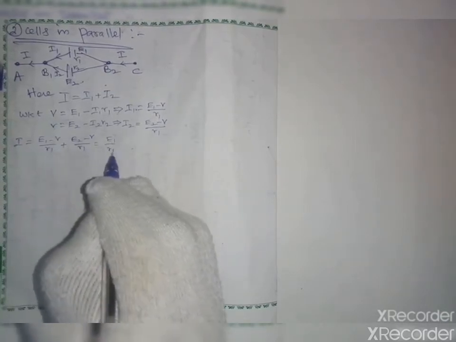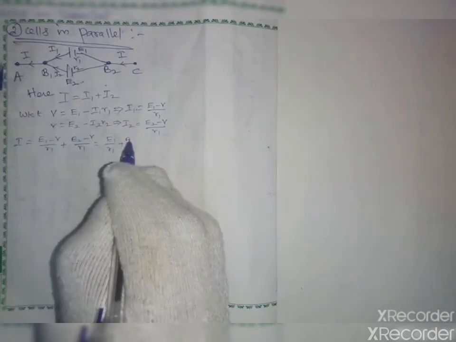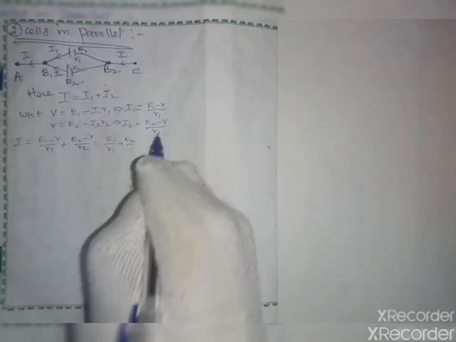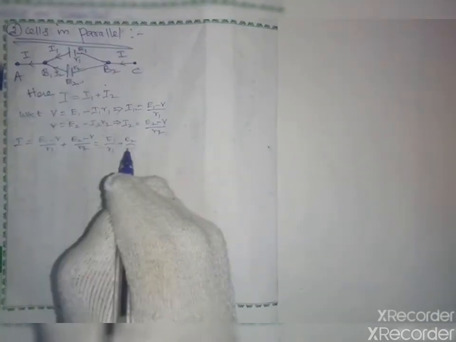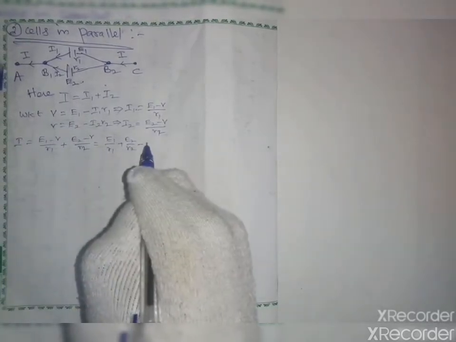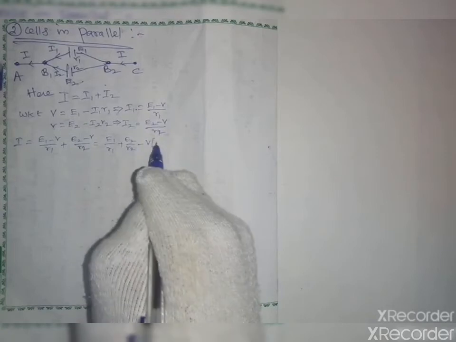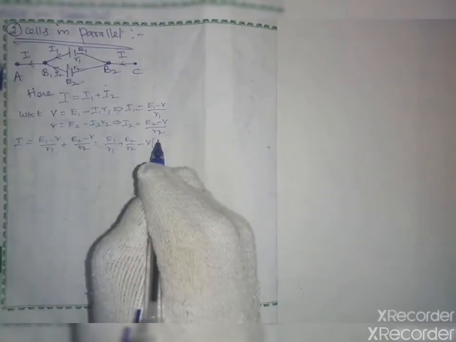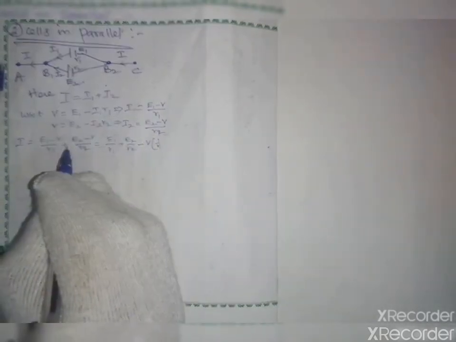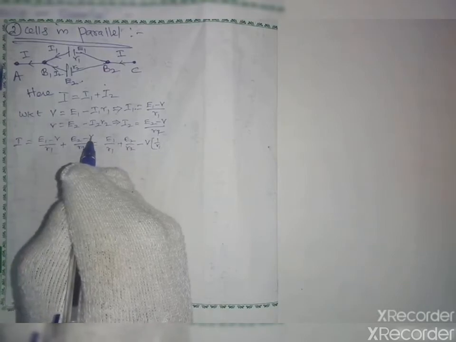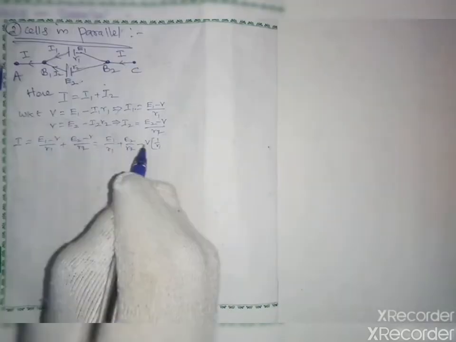By simplifying this, we can obtain E1 by R1 plus E2 by R2 minus V by R1 minus V by R2.